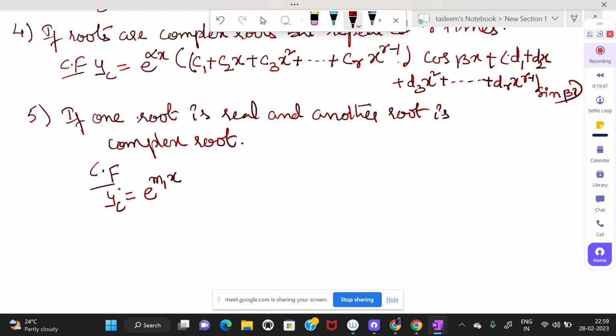This is your first root, that root is real. Then plus second root, which is complex, that will be e to the power of alpha x into c2 cos beta x plus c3 sin beta x.